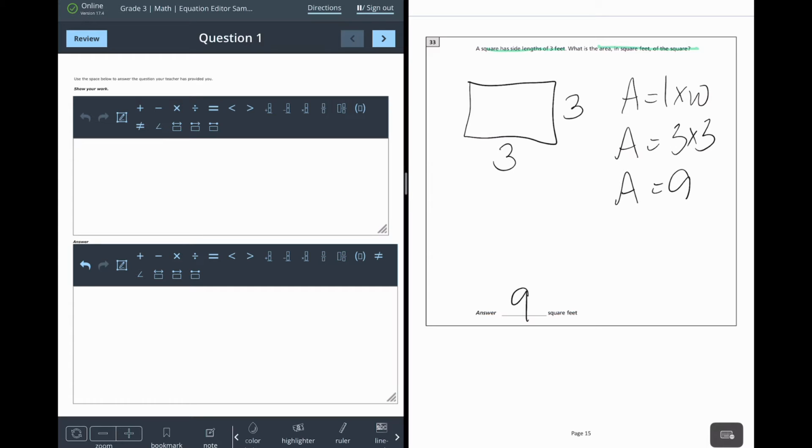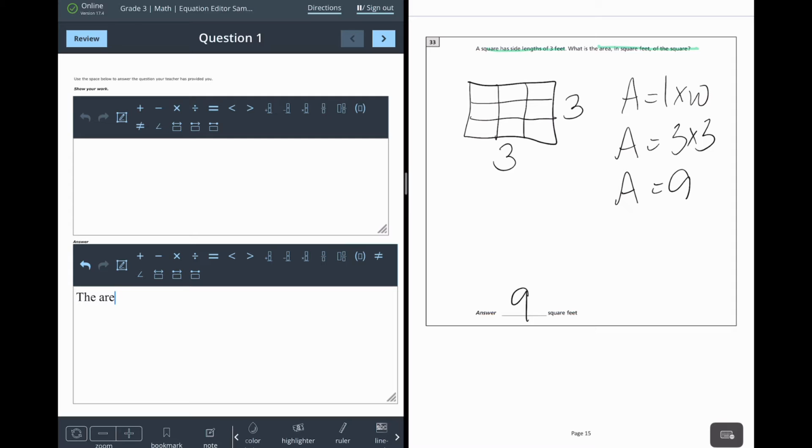I can also see some kids doing 3 rows of 3 and then just counting inside and going 1, 2, 3, 4, 5, 6, 7, 8, 9. And they know that each side has to be 3 and 3. So all I would have to write here, what is the area of the square?